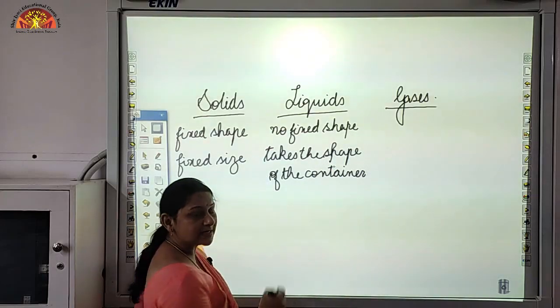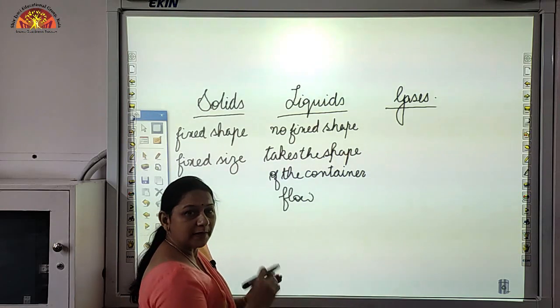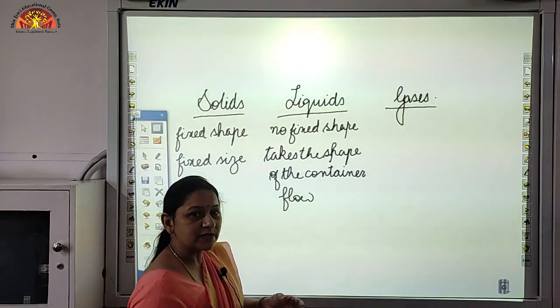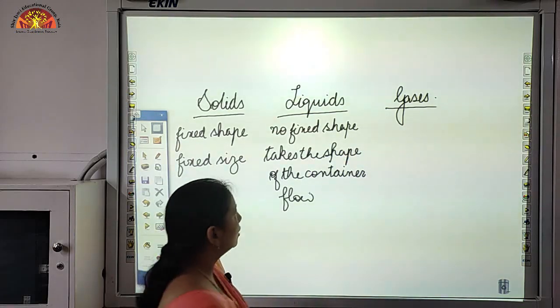And liquids can flow. They flow from one place to the other. When water is spilled, it flows from a higher level to a lower level.